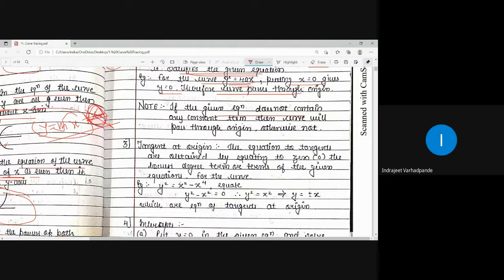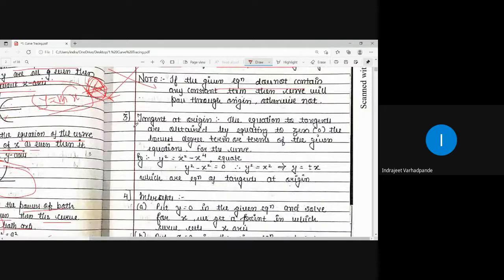If yes, it will not pass through origin. क्योंकि आप इसमें अगर x को भी 0 पुट करते हो तो c plus 0 क्या बनेगा, c. Y is equal to c. I am not getting y is equal to 0, so I am not meeting the requirements for the coordinates of origin. So therefore this particular curve will not pass through origin, right?